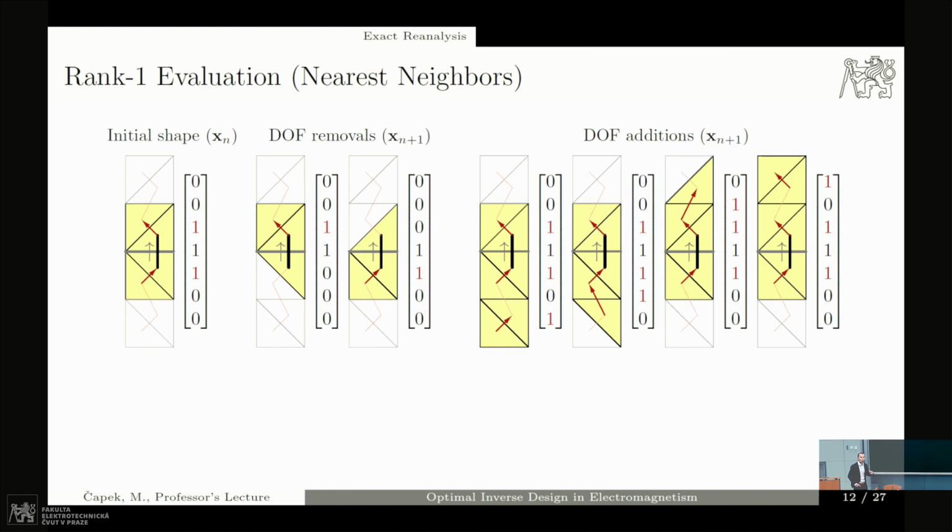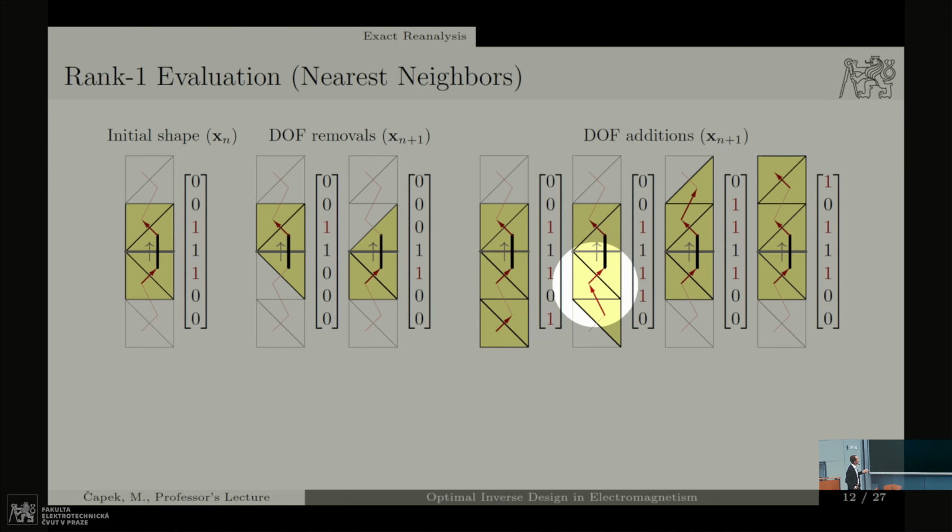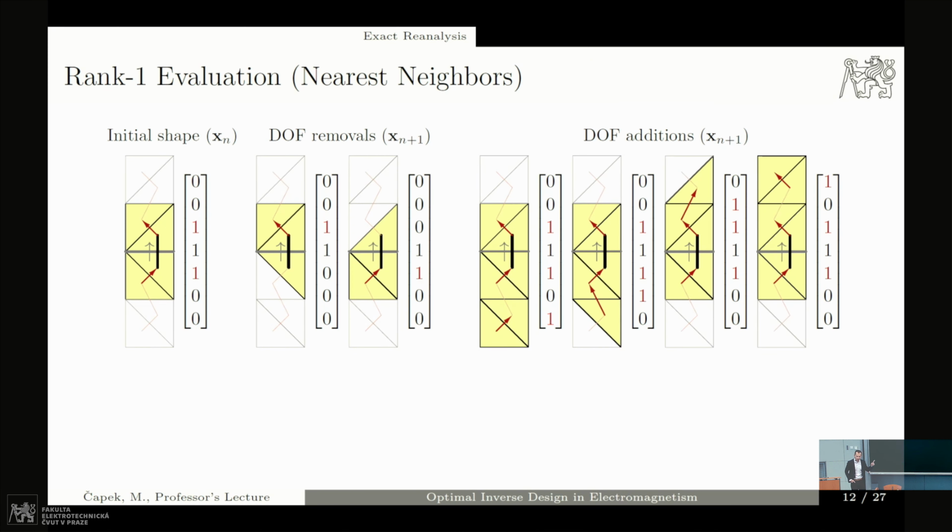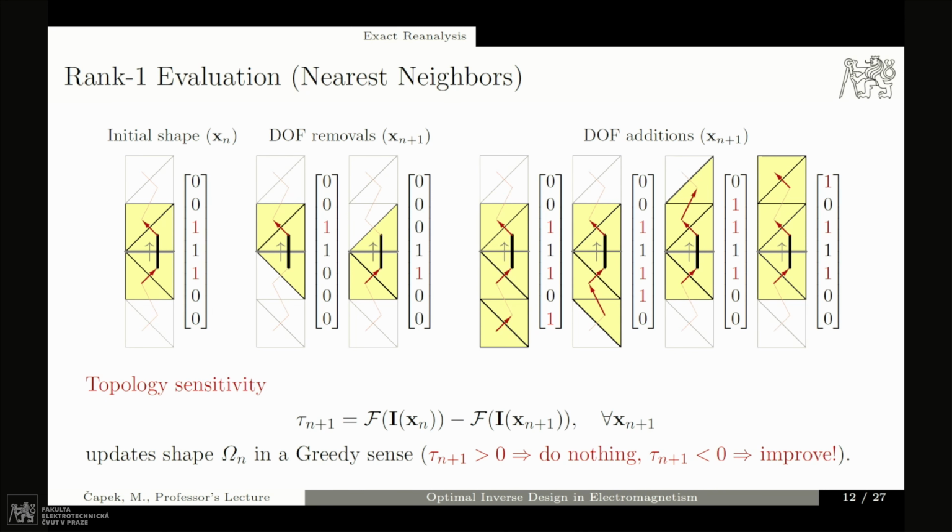But also we have 4 possible additions. We can add one here, or one there, or over there, or you can see that there is also one more. All of these shapes are just rank 1 perturbations of the original one, and therefore we can solve them in a really very small computational time with almost no computational burden.